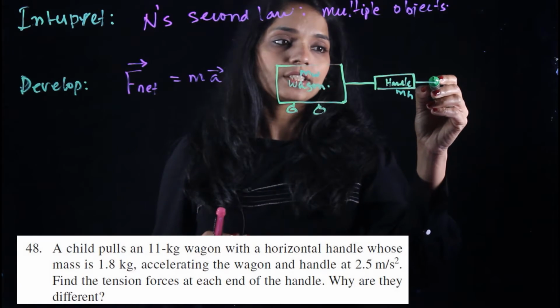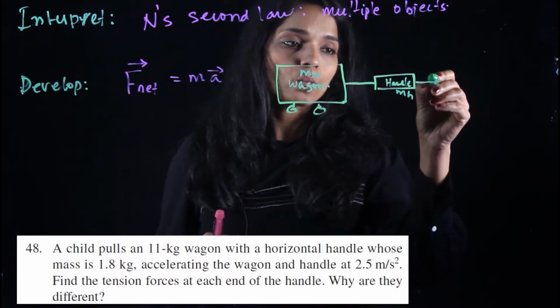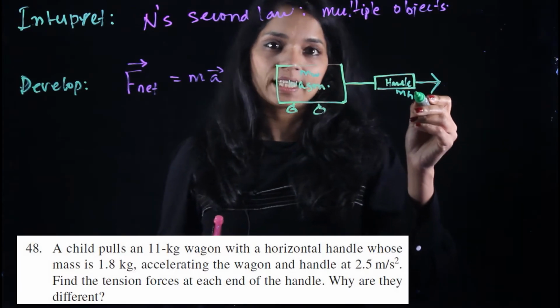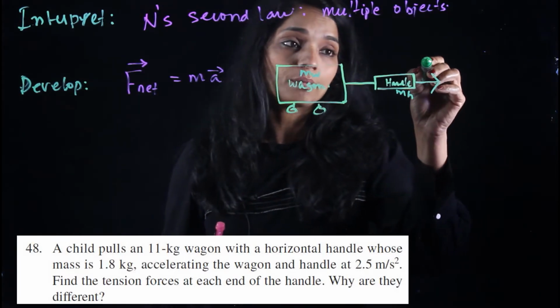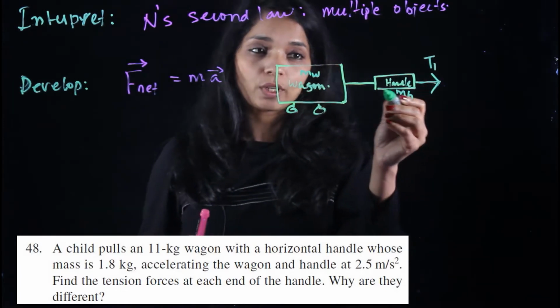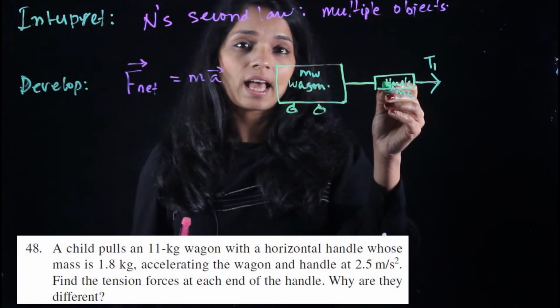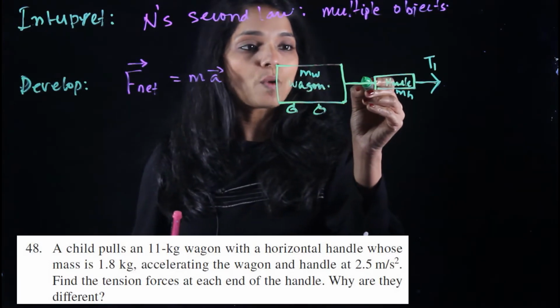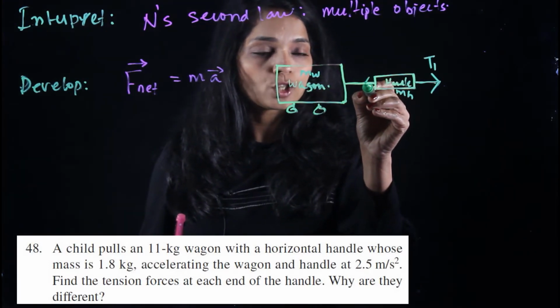So the handle, the child is pulling it with a force. Because it's a string, the force can be written as the tension force, which I'm going to write as T1. So T1 is the force with which the child is pulling. What's the other force acting on the handle? Because the wagon is resisting its motion, the wagon is pulling it back towards it.